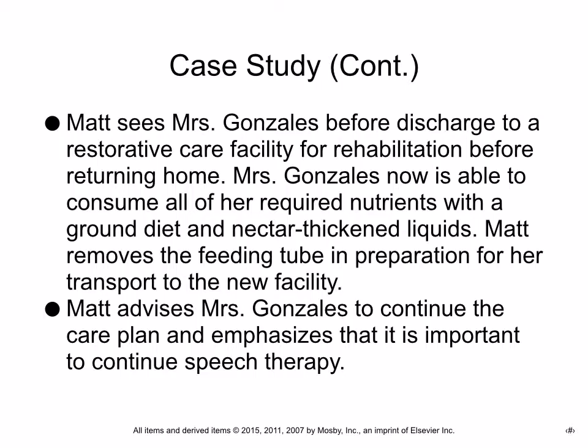I think this is Matt doing evaluation on the basis of your nursing care plan. Matt will also discuss the importance of compliance with these diet modifications until swallowing function is returning completely.